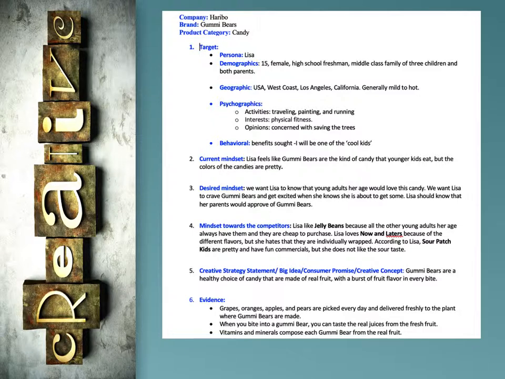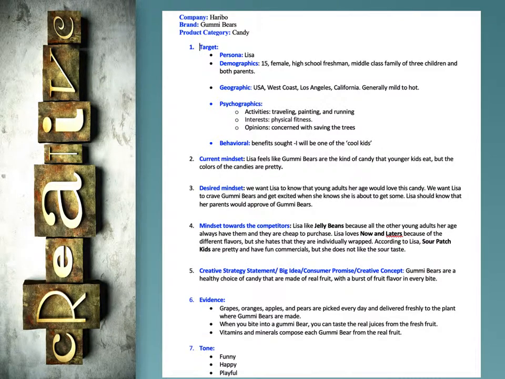And so that supports the second part of the strategy with a burst of fruit flavor in every bite. And then we have vitamins, minerals compose each gummy bear from the real fruit. So we know vitamins and minerals are in fruit naturally, and so that supports why it's healthy. So you have to have evidence to support your strategy.